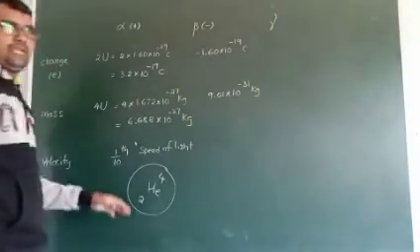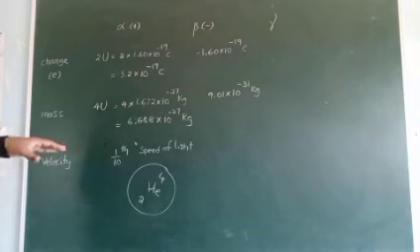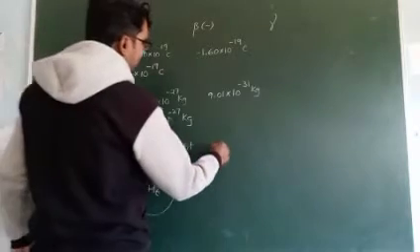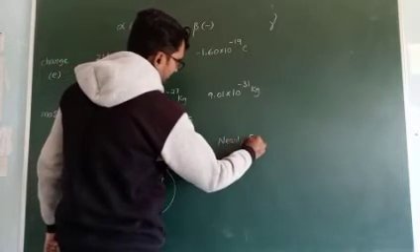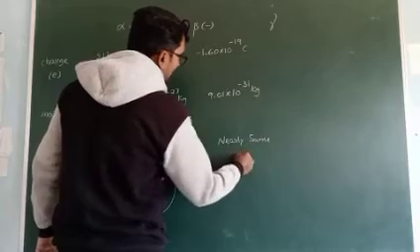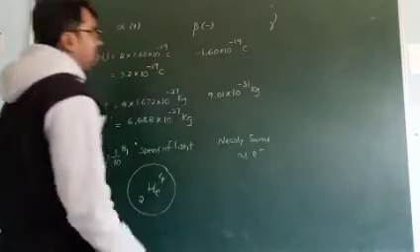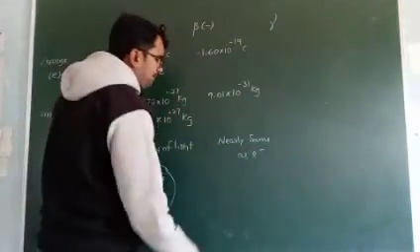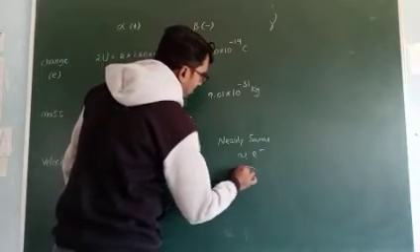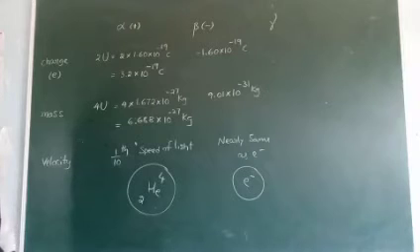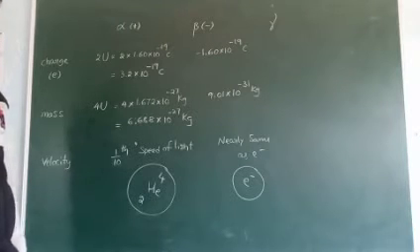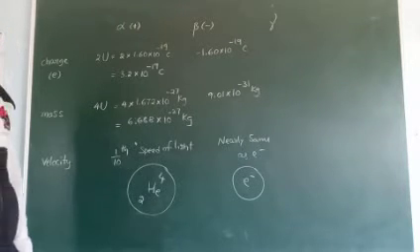And the speed of the beta particles is nearly the same as the electron. The final conclusion is that beta particles are nothing but electrons, because they have the same charge value, same mass value, and same speed also.